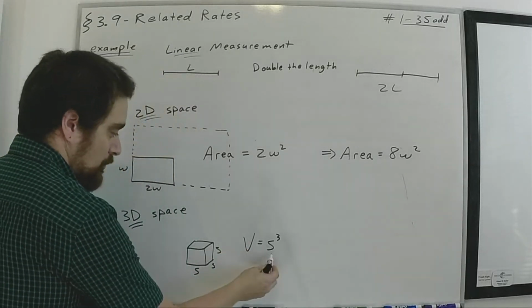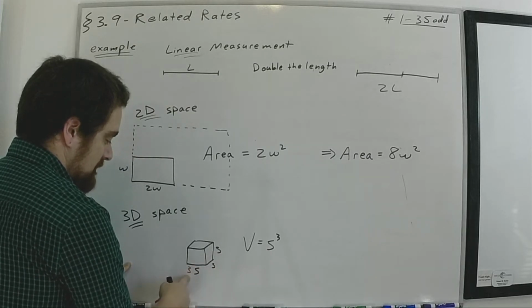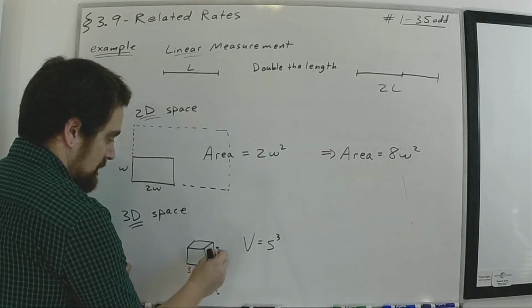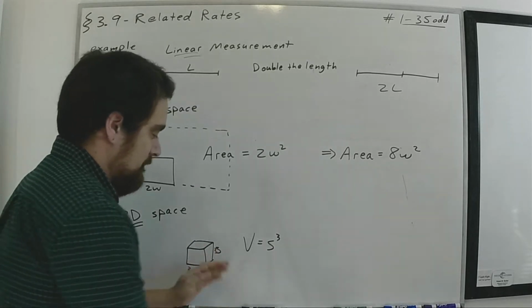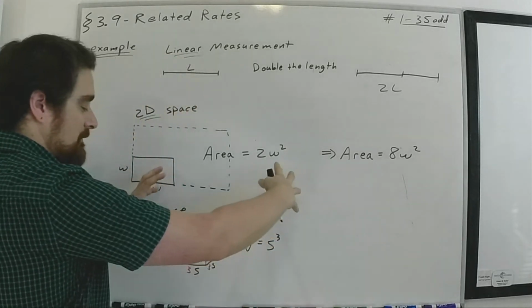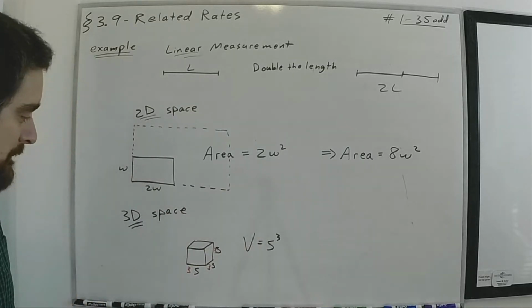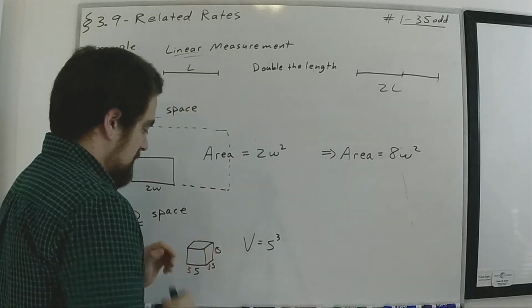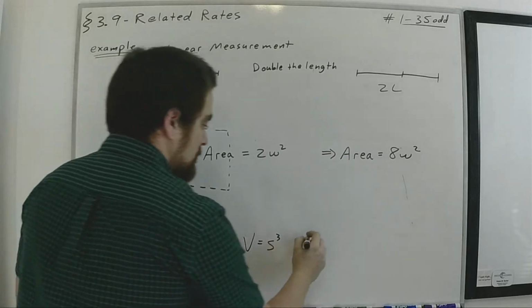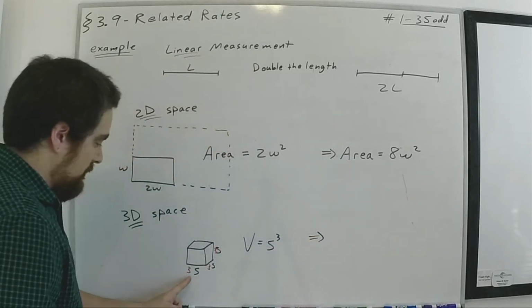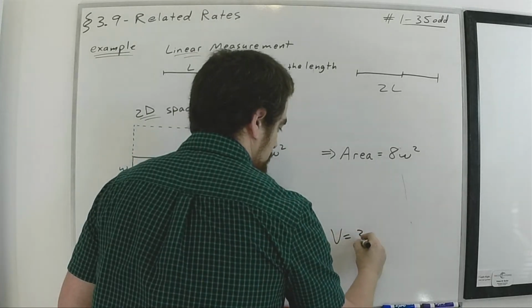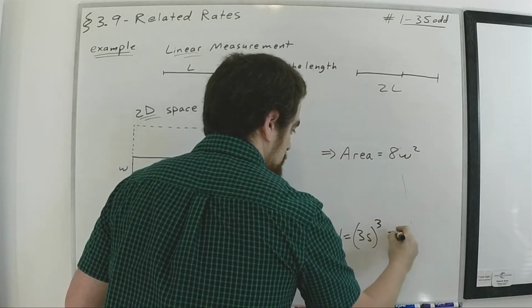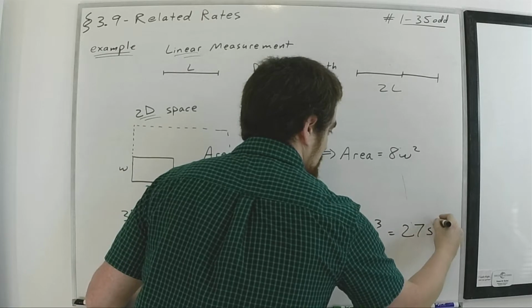I can't simply multiply the volume by 3, because if I affect one side by 3, mainly the width, then I also affect the length by 3 and the height by 3, because I still want to maintain that cube shape. So if I go tripling one of the sides, I actually end up tripling every measurement. Well, now I've got 3S times 3S times 3S. That means my volume is now 3S quantity cubed, which is 27S cubed.